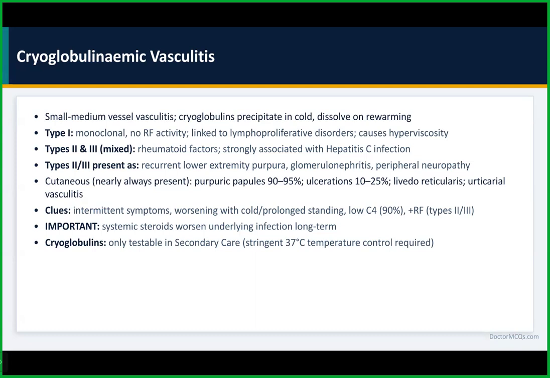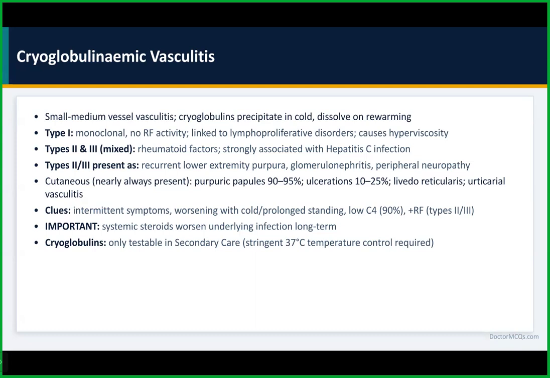So we need to rule out if the patient is suffering from any other disease because it can affect the management plan. It is also a small vessel vasculitis and mostly it is precipitated by the cold, and as soon as you rewarm the patient, it is going to resolve.